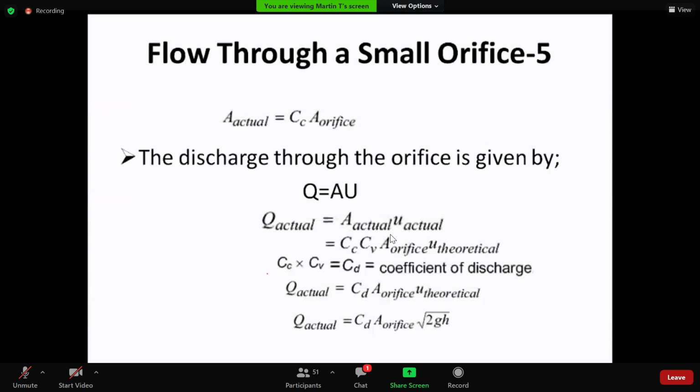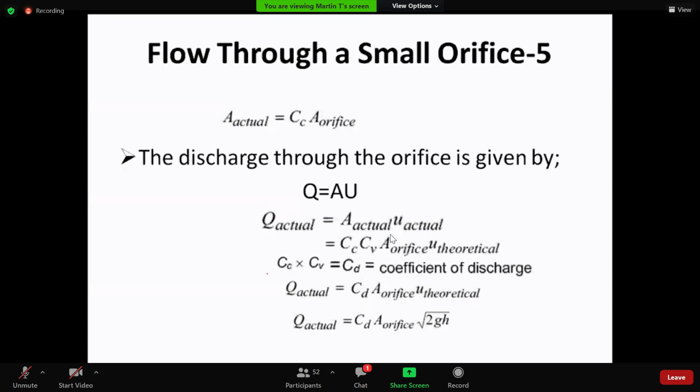So then we can say the actual discharge is given by CC times CV times A naught times U. So Q actual is equal to CC times CV, which becomes CD.